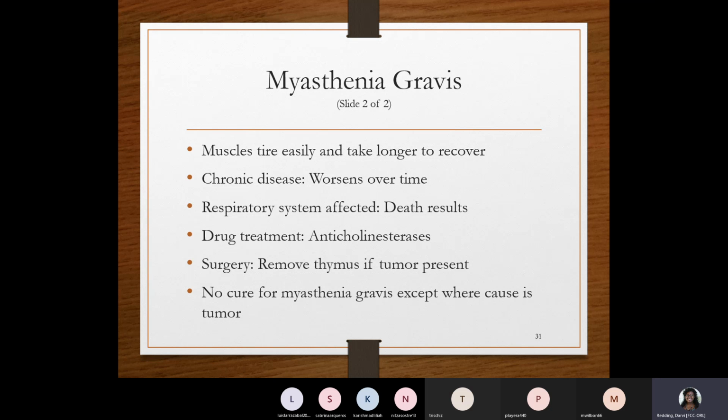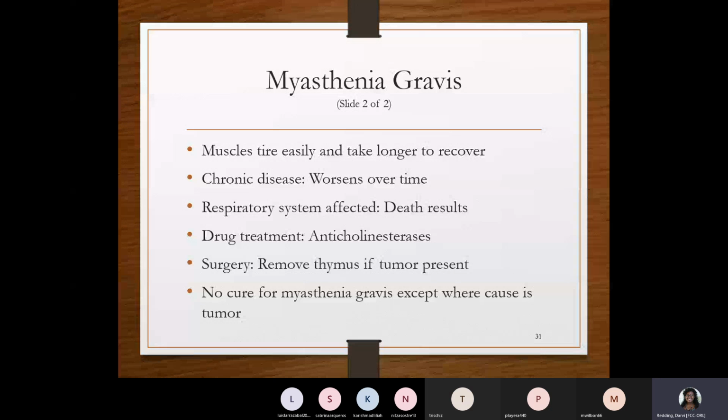So like one of the medications is methicillin, and it's available by route of by mouth or injection. And so a person who has the condition of myasthenia gravis can go through surgery and they can remove their thymus if there's a tumor that's present. Unfortunately, there is no cure for myasthenia gravis except for where the cause is a tumor.